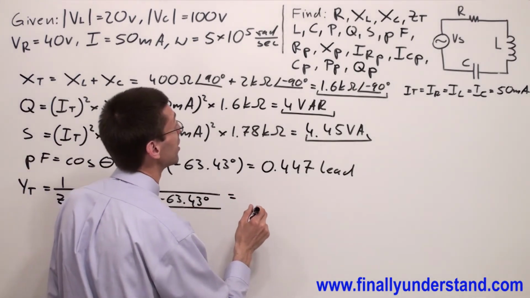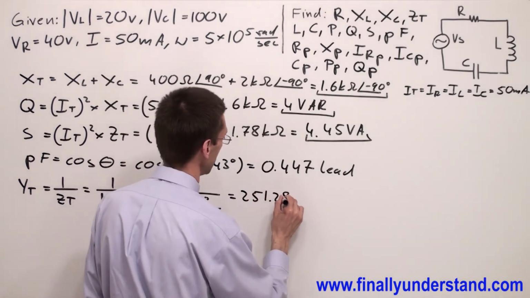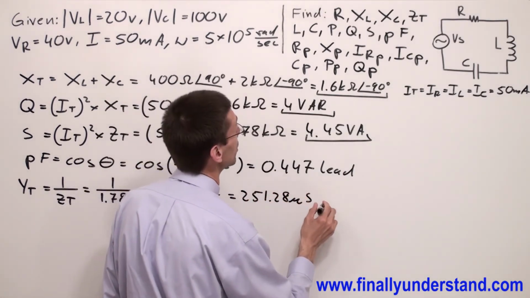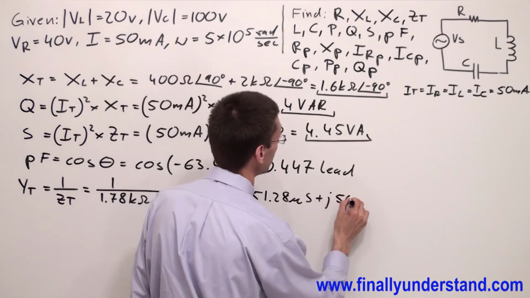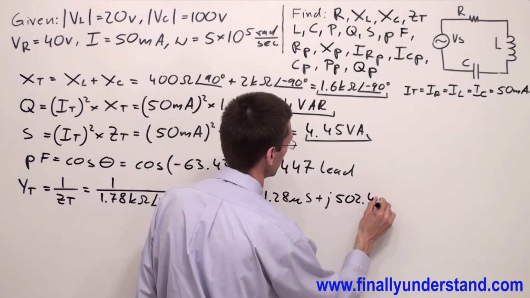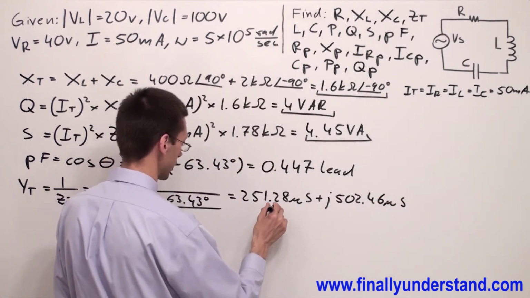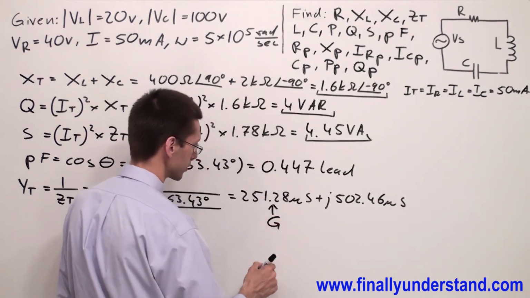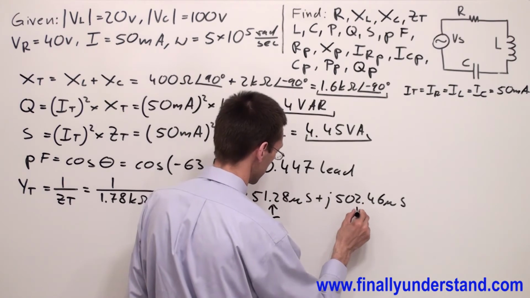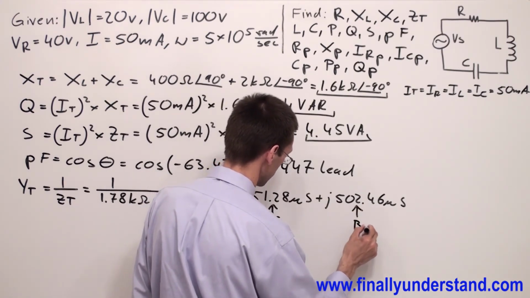This is equal to 251.28 microsiemens plus J 502.46 microsiemens, where the real part of my answer is conductance and the imaginary part is my capacitive susceptance.